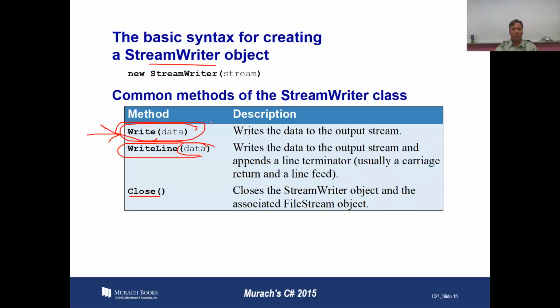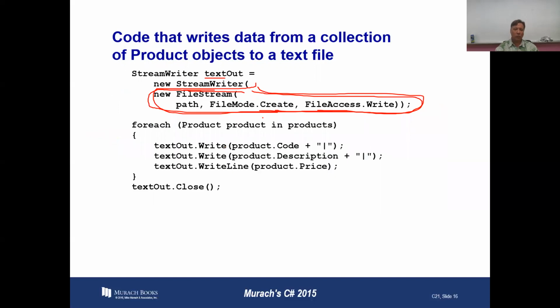Once this is set up to the path and the file that you want, this text out object has been created. It's a StreamWriter type object. You use the StreamWriter methods to actually write out.